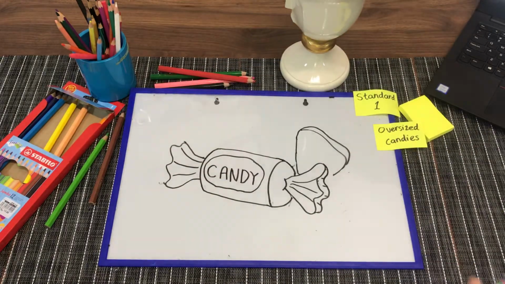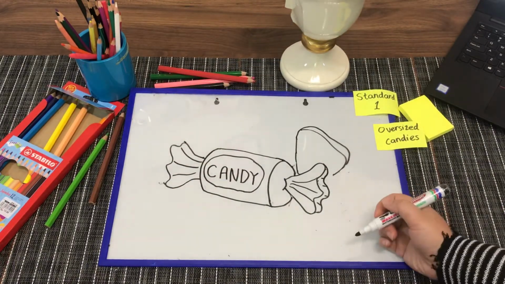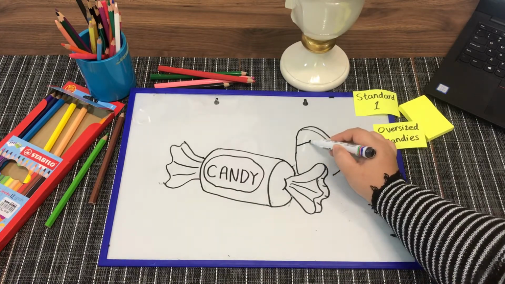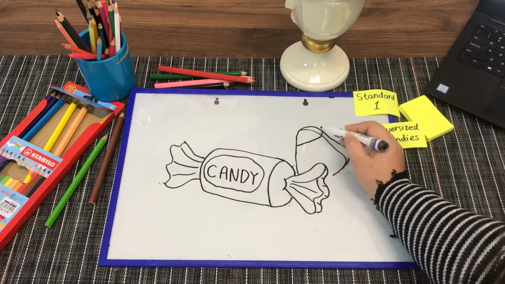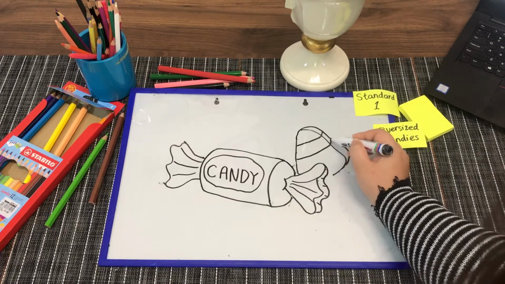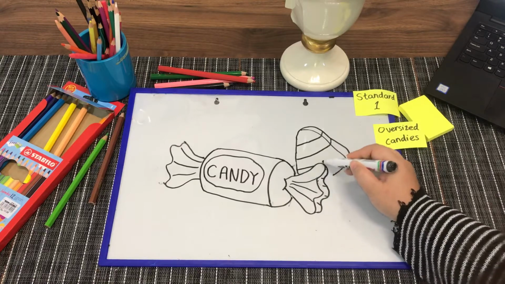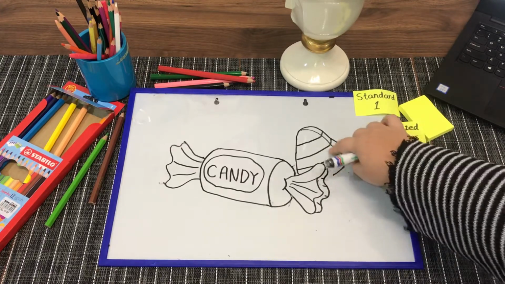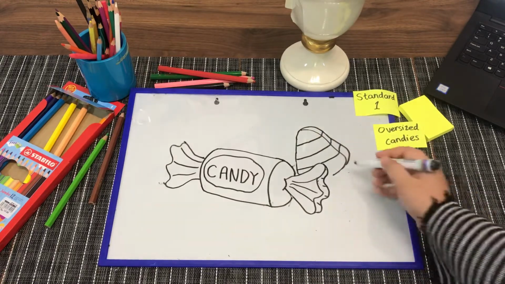Okay, alright, next one, my gummy. What do I want my gummy to look like? Maybe this is a colorful gummy. Right, I'm going to draw some lines here. Okay, I will color it in different colors.